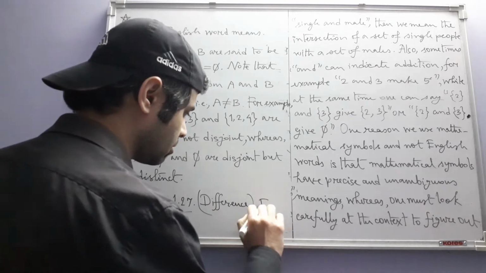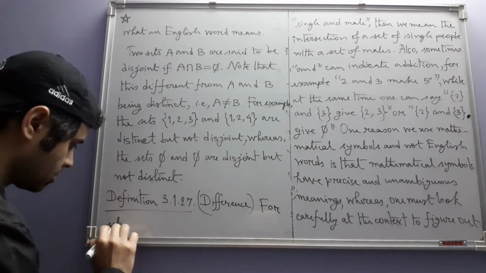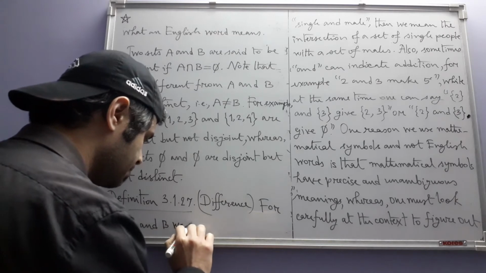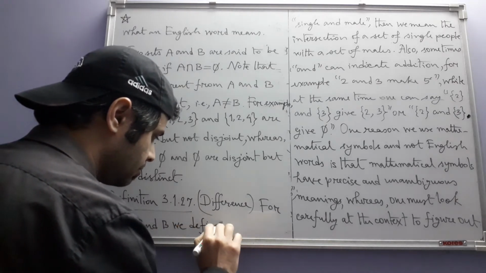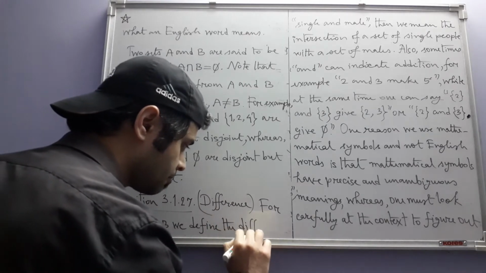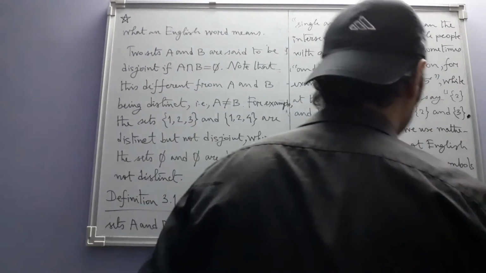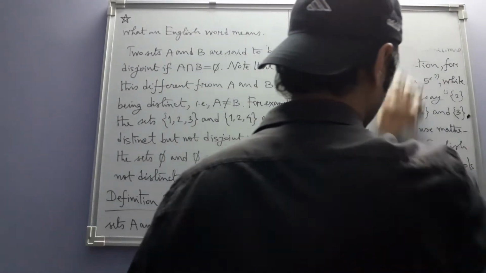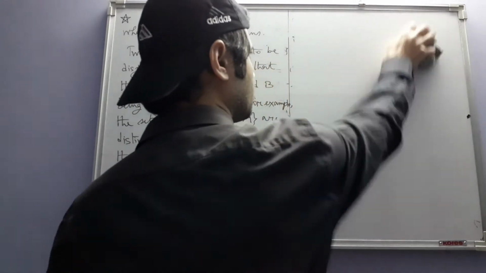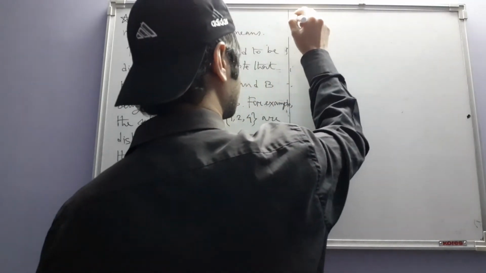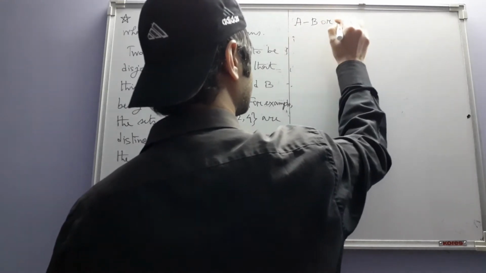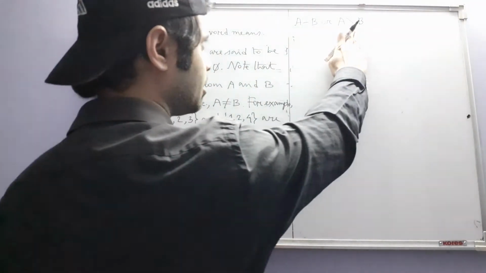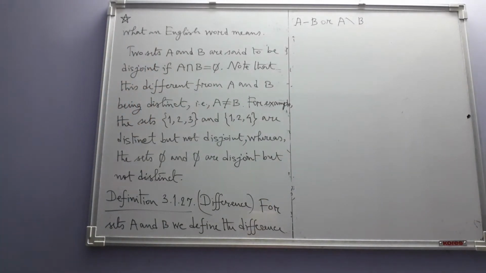Difference for sets A and B. We define the difference A minus B, or sometimes we write it like this also, A backslash B. This backslash symbol is said to be set minus.